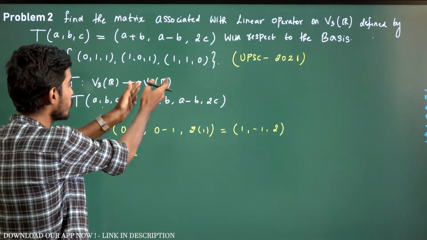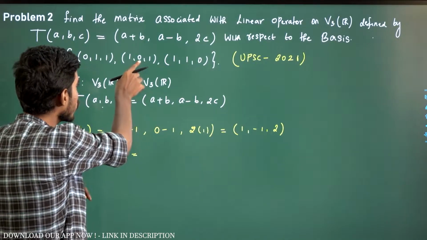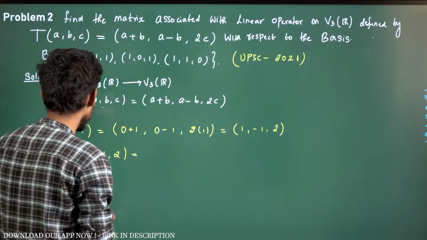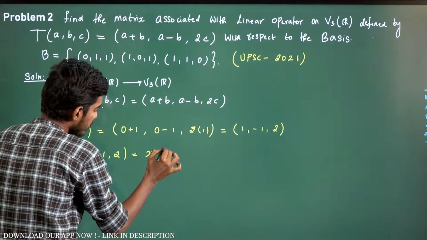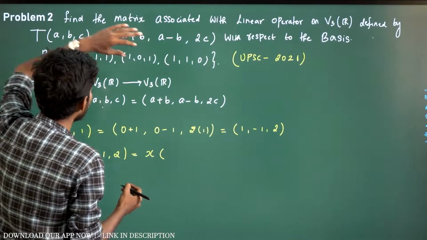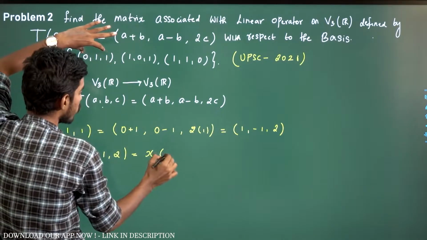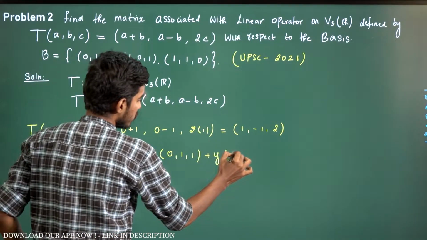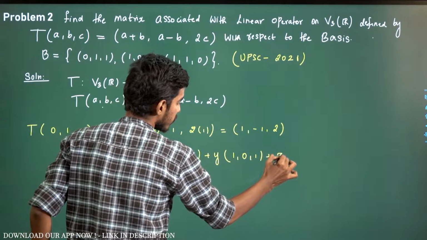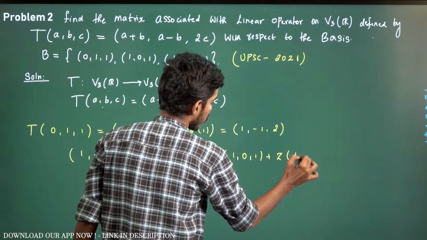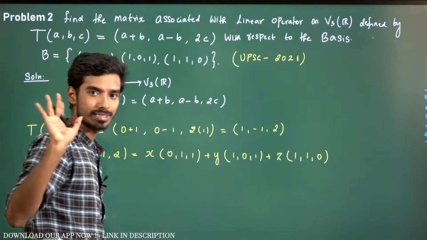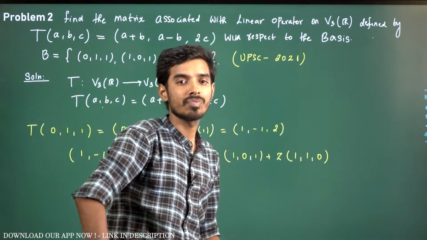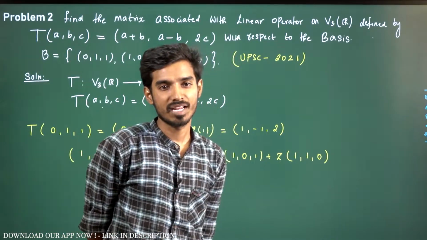Our codomain space is V3 of R. Since you are given only one basis, you assume it to be the basis for the domain space as well as the codomain space. So x times (0, 1, 1) plus y times (1, 0, 1) plus z times (1, 1, 0). Very simple. Now you need to find this x, y, z. That x, y, z will be the first column in the required matrix.